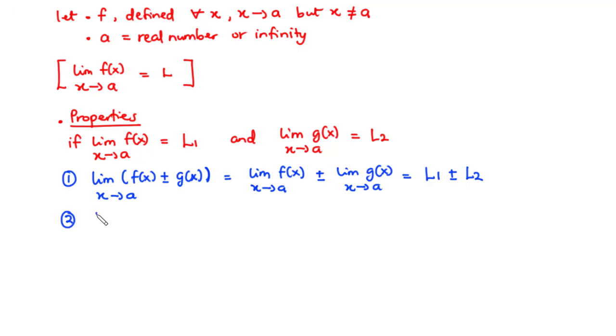2. The limit of c times f of x as x approaches a is equal to, now we can pull c out so that we have c times the limit of f of x as x approaches a.